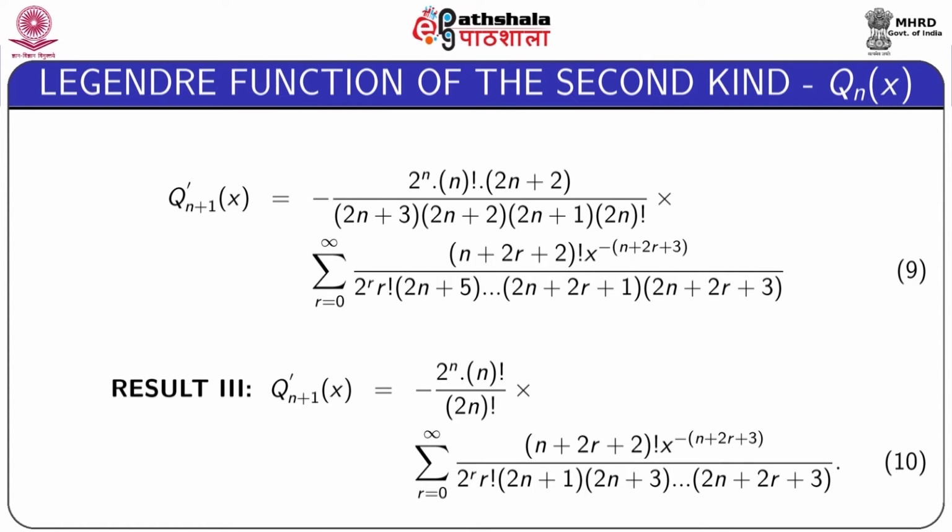We put it under result 3, that is Q'n+1 is equal to minus 2 to the power n into n factorial divided by (2n) factorial multiplied by summation r equal to 0 to infinity, (n+2r+2) factorial x to the power minus (n+2r+3) divided by 2 to the power r factorial (2n+1)(2n+3)...(2n+2r+3), given by expression number 10.